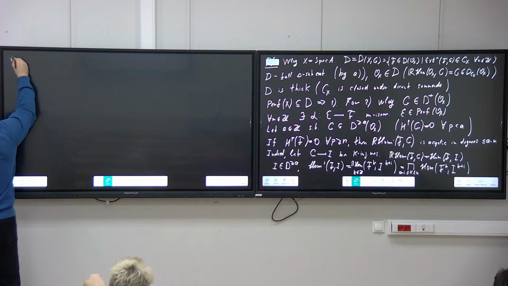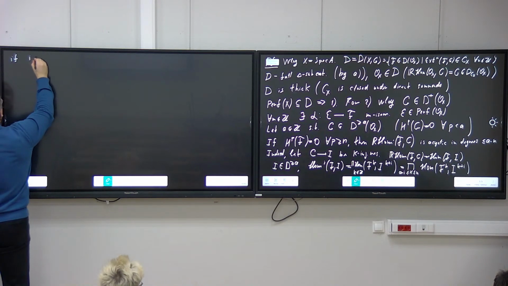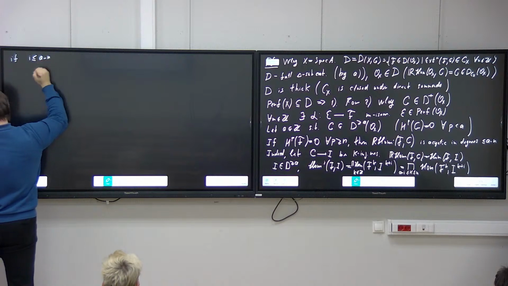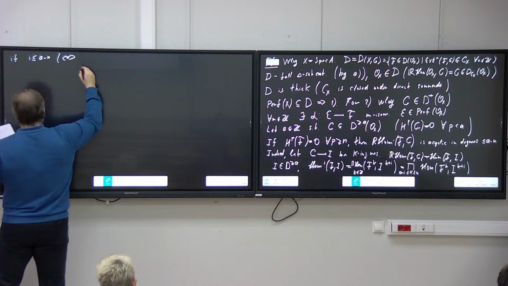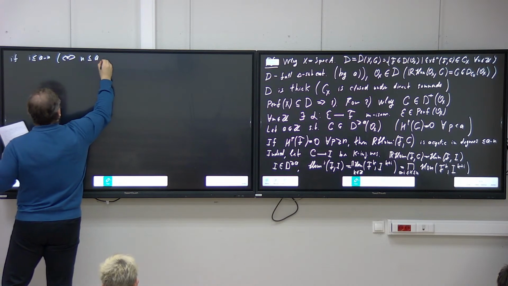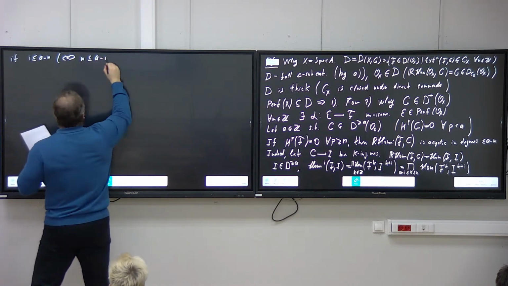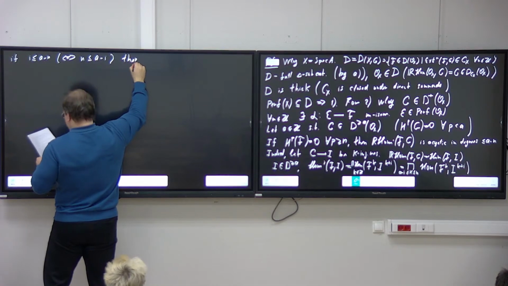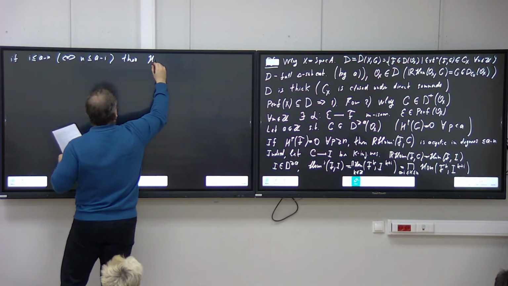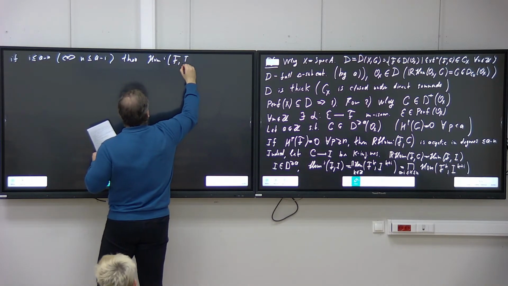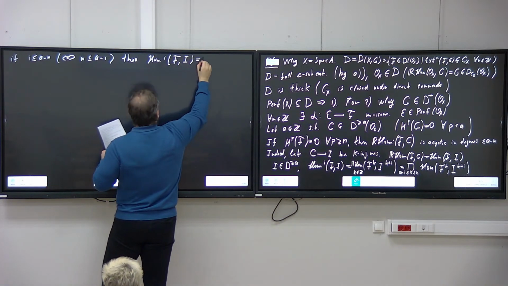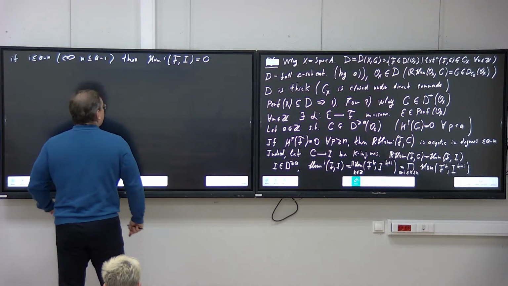So if i is less or equal than a minus n, which is equivalent to saying that n is less or equal than a minus i, then the Hom^i between F and I is equal to 0. This is what we want.